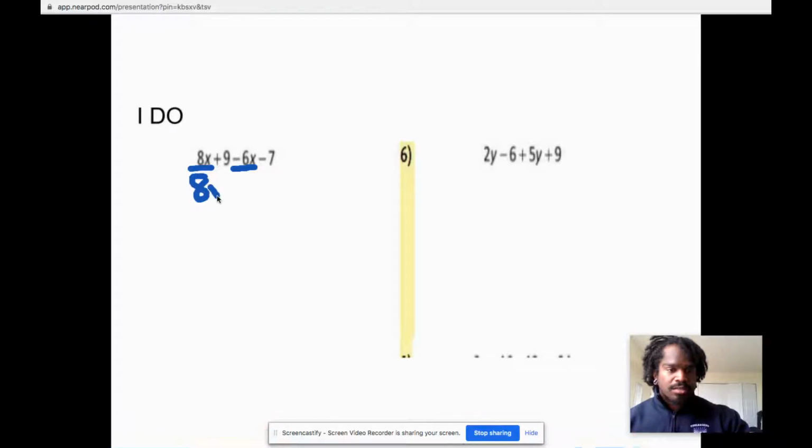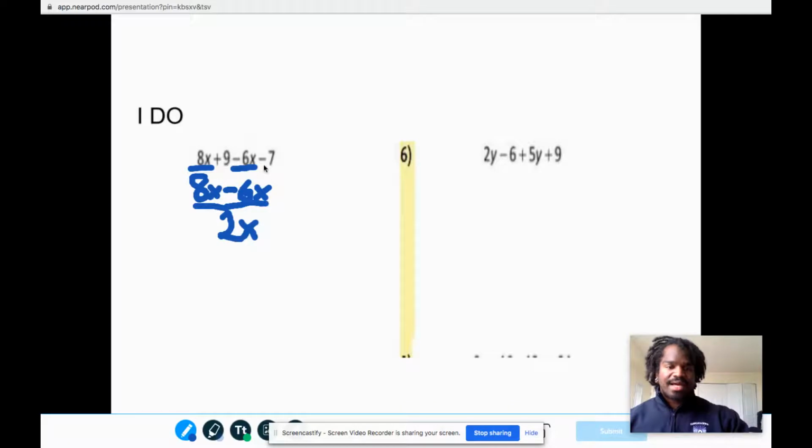So 8x minus 6x gives us 2x. And I'm going to underline that. That gives us 2x. Okay. Now, we have to bring everything else down.